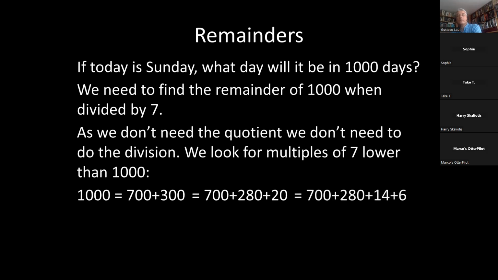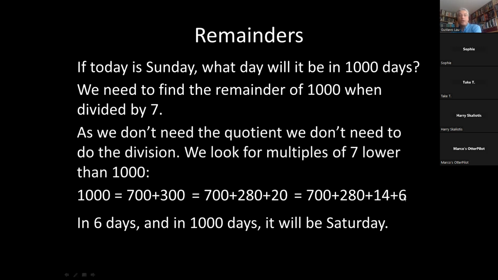So given that, when you put your glasses on, all these multiples of 7 become 0. So 1,000 is the same as 6. And then in 6 days it's easy. If today is Sunday, in 6 days it will be Saturday. So in 1,000 days it will be Saturday.